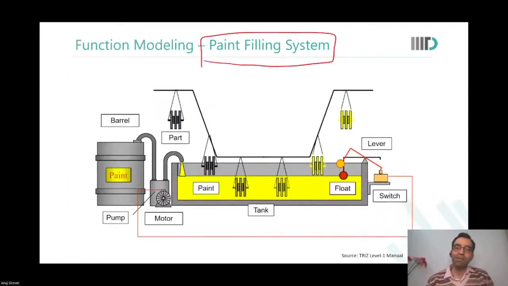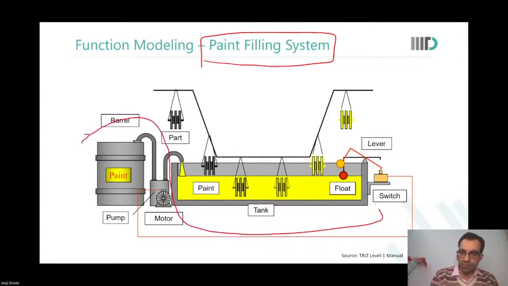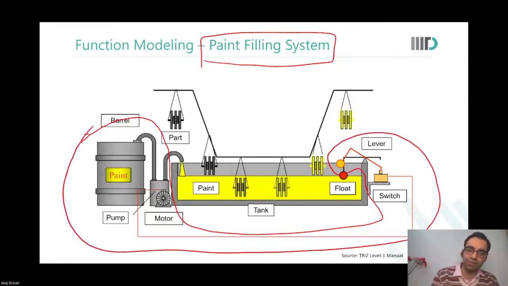The main purpose of the paint filling system is that, what is the paint filling system? This is the paint filling system, na? Yes, sir. So why does this system exist? So that I could move paint from the barrel into this tank. Are you able to see this?